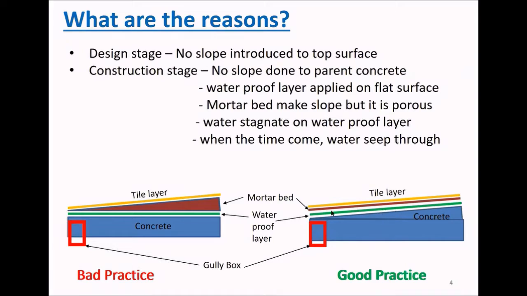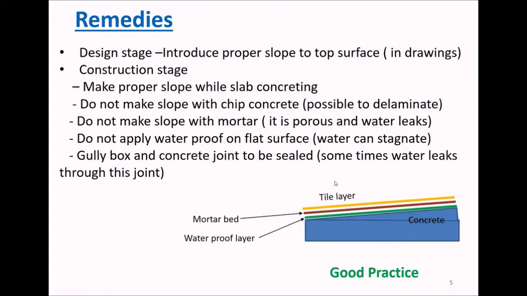Even though this waterproof layer expired or its quality changed, nothing will happen, because this non-porous concrete is still there. Still the water can flow to the gully direction. So this kind of thing does not happen if we make this concrete slope at the time of doing the rooftop slab.